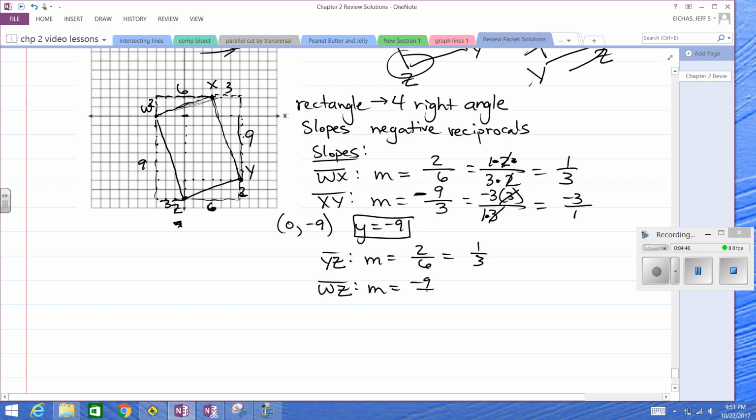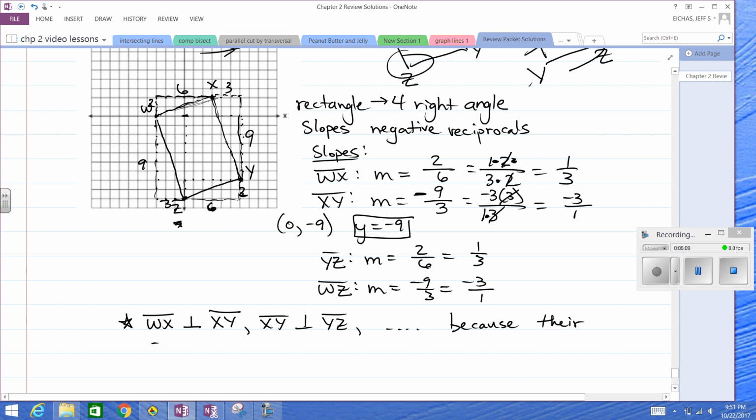We have the same numbers again. You don't have to redo all the work. Just show it. It's a rectangle because, let's see, WX is perpendicular to XY, all the way around. XY is perpendicular to YZ, and so on, because their slopes are negative reciprocals. Okay, they're perpendicular because their slopes are negative reciprocals.